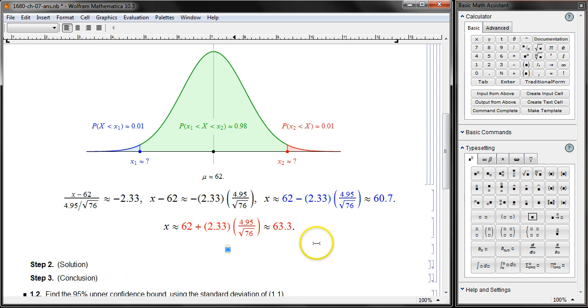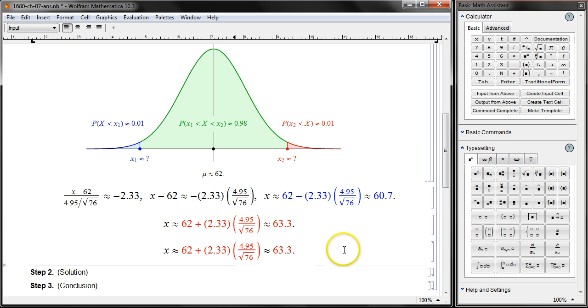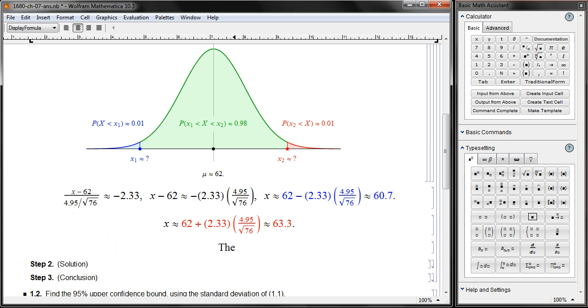So the 98% confidence interval is about 60.7 to about 63.3.